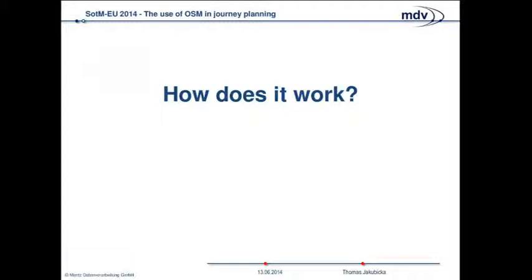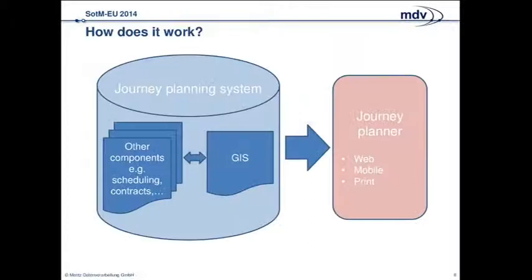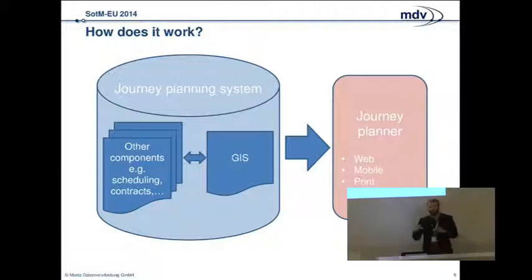So just very briefly, how does it work? On the one hand, we have a data management system, which we call the journey planning system. It's comprised of many different components, like the classic scheduling, contract management, duty scheduling, vehicle scheduling, and also one of these components is a GIS. What we do with geographic data is import it into our in-house GIS.